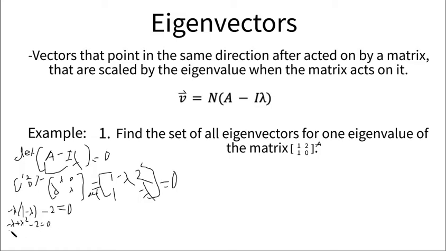Let's factor it. So we have negative lambda and minus 2. What two numbers multiply to get negative 2, and if you add them, you get negative 1? It's negative 2 and positive 1. So lambda minus 2 times lambda plus 1, and that must equal 0.